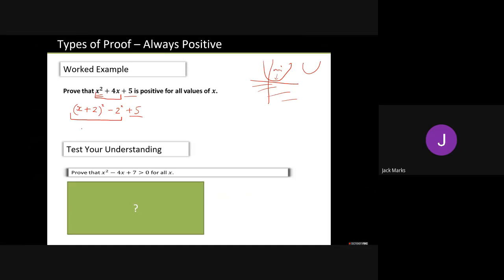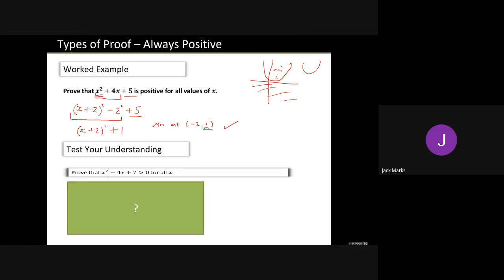I will get x plus 2 squared. 2 squared is 4, minus 4, so it's plus 1. What does that mean? It means it has a minimum at minus 2, 1. So in other words, it can only go as low as 1. And because it's x squared, it would never go below. And that's it.